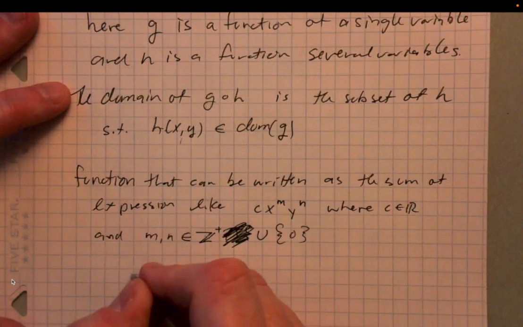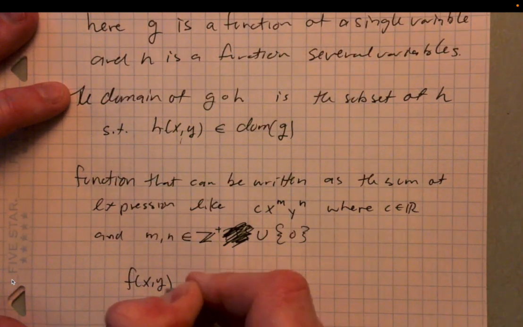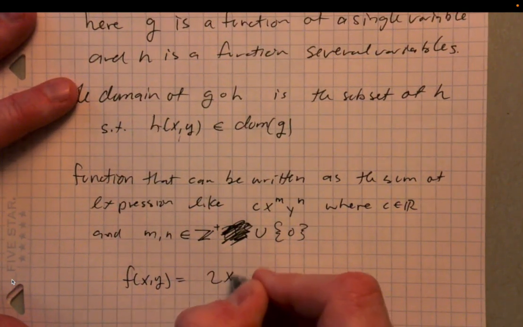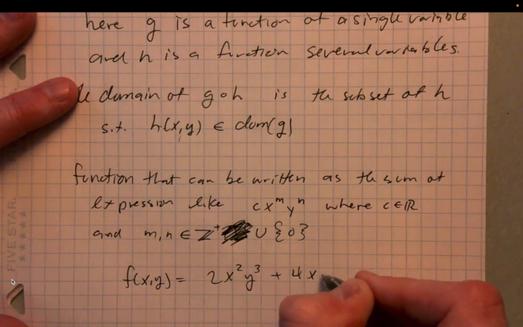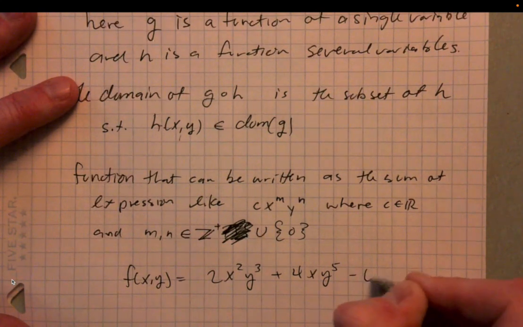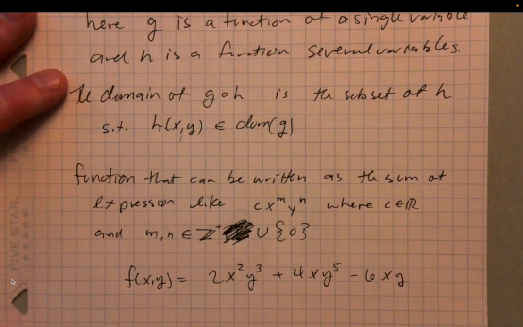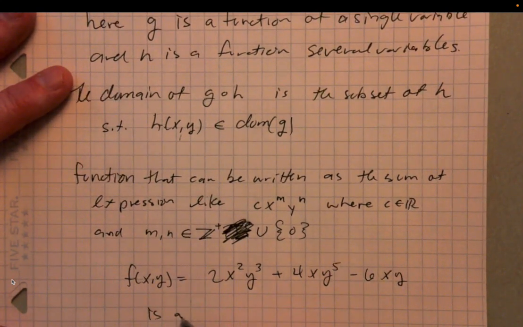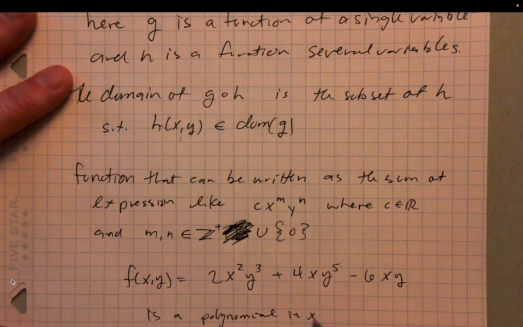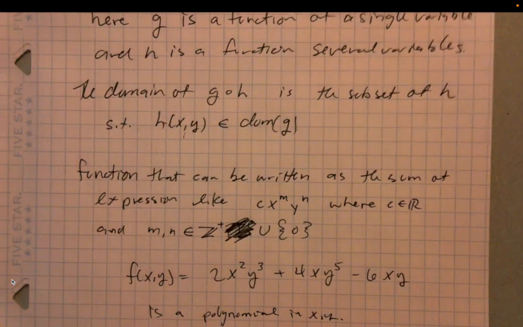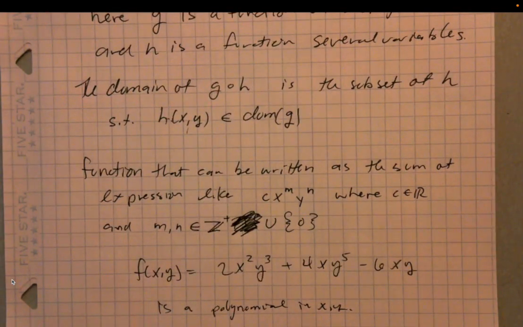So things like f of x, y equals 2x squared y to the third power plus 4x y to the fifth minus 6x y, for example, is a polynomial in x, y. So that's an example of how polynomials are extended into functions of several variables in a really natural way.